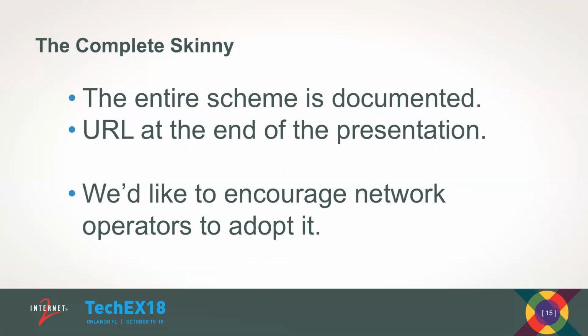So the complete skinny on this scheme is available. We have about a 6-page document on how to set up DNS to work with this, and also what the algorithm is that pShooter uses to figure out what perfSONAR node to use to do its testing. I'll leave you the URL for that at the end of the presentation, so you don't have to scribble it down right now.